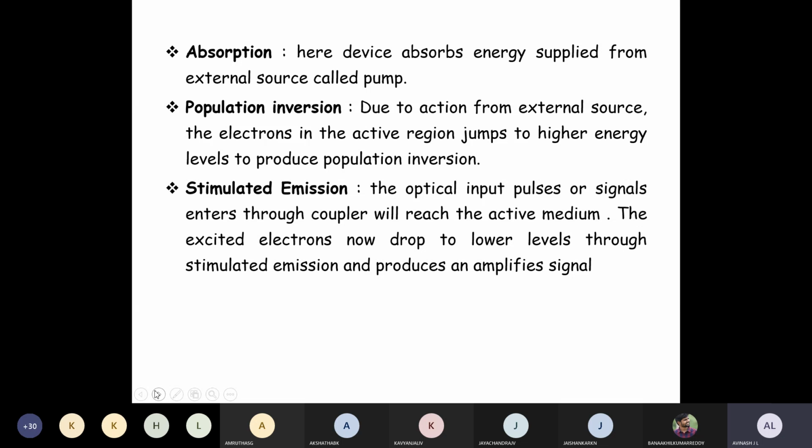Once they acquire the energy, their energy level changes. Initially they were in the lower energy level, so once they take the energy, they go to the higher energy level. That is the conclusion.